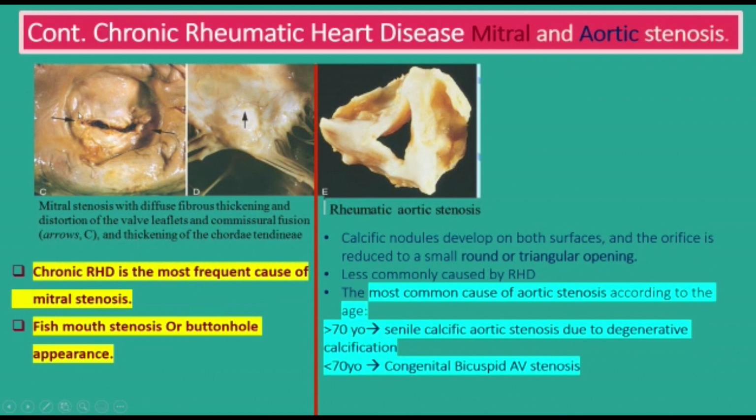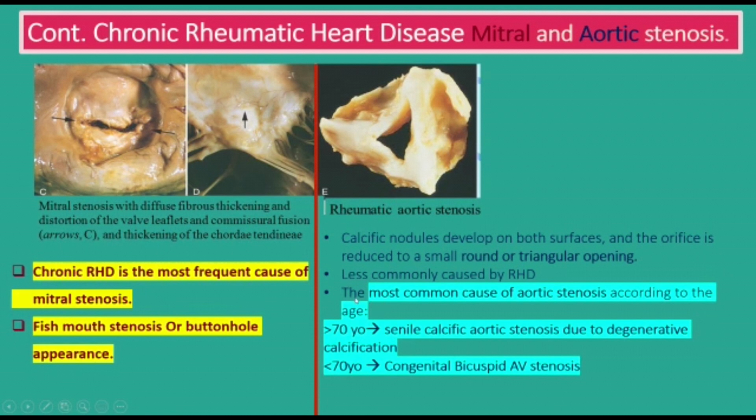And usually the most frequent cause of mitral stenosis is chronic rheumatic heart disease. So if you were asked what is the most common cause of mitral stenosis, you will say chronic rheumatic heart disease. On the other hand, we have stenosis of the aortic valve, in which you have calcific nodules that cause the opening of the valve to be narrowed into a triangular opening.